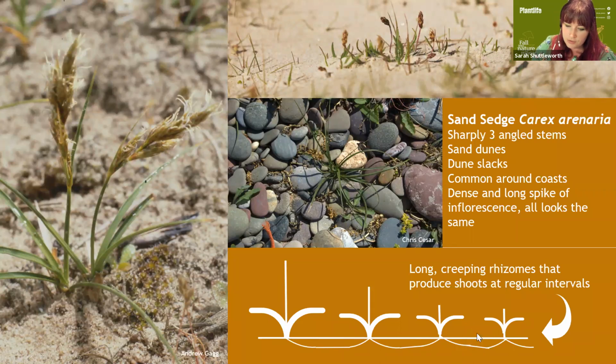And it basically just shoots up new plants at regular intervals. And you can almost see it in this picture here, the other plants popping up as it goes along. And apparently that's very, very common and kind of gives it that look about it. And it can be growing in sand, but also maybe in sandy shingle or something like that. So that's one to look out for if you're in that habitat.